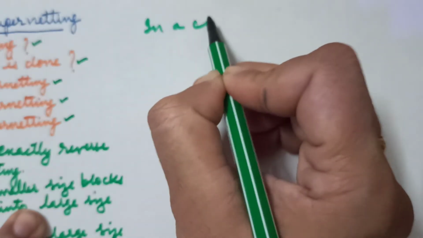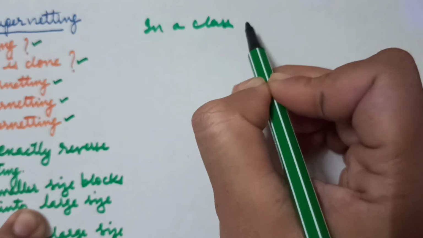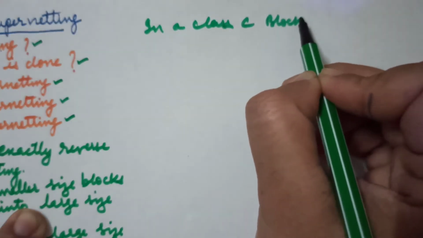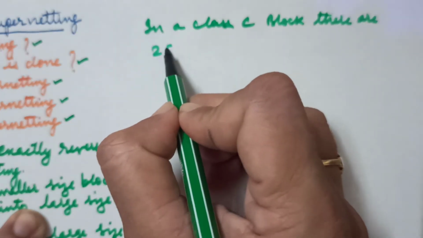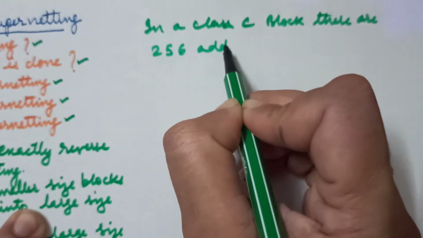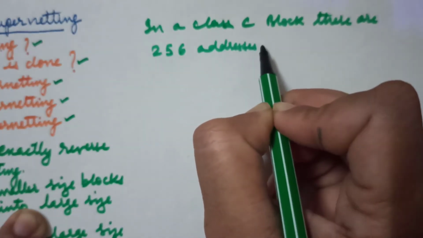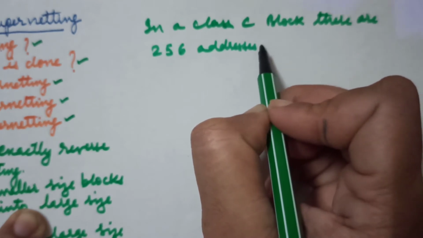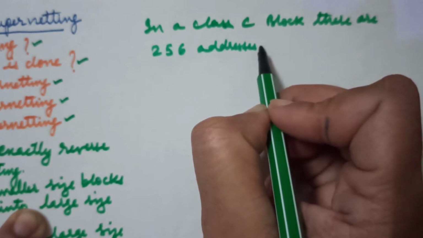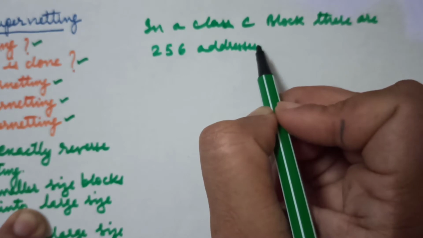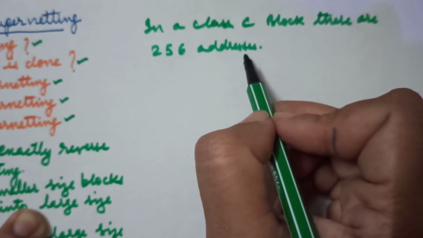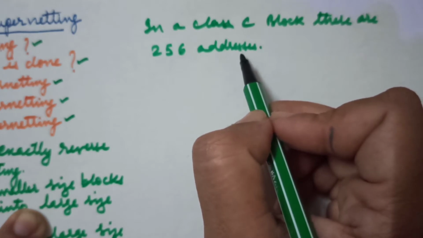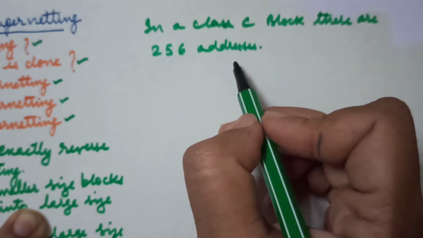In a class C block there are 256 addresses, out of which the first and last IP address cannot be allocated on any machine. The first and last IP address are the subnetwork address and the broadcast address respectively. So every class C block will provide 254 usable IP addresses.